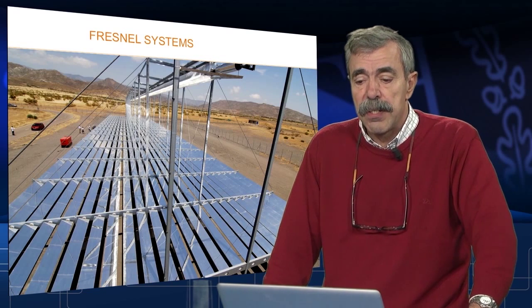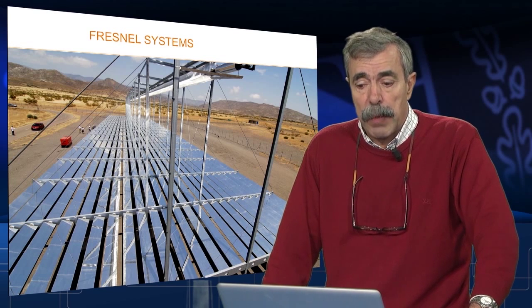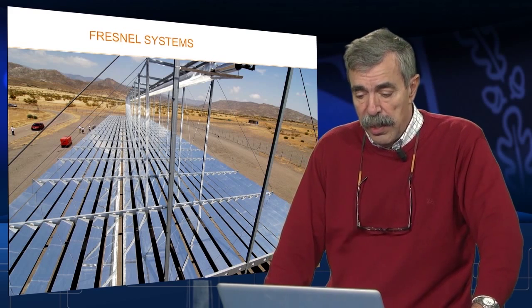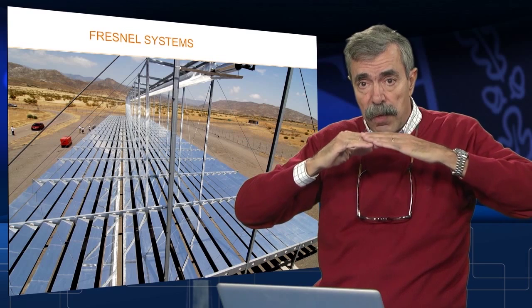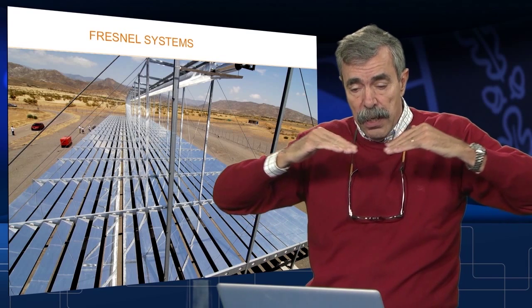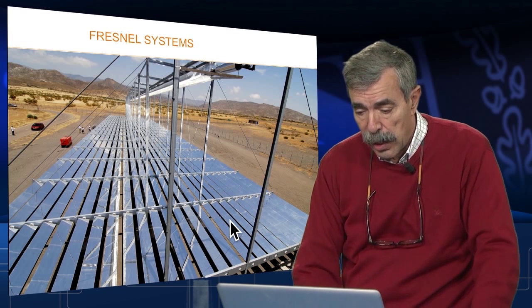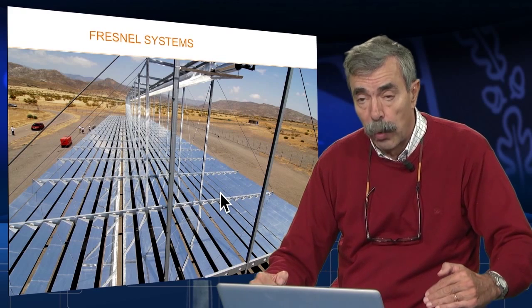Another very interesting system is the Fresnel system. Later on I'm going to be speaking about the parabolic trough, but this is a system which is emulating the parabolic trough. Instead of having a real parabolic shape, tracking the sun and concentrating the light on the focal point, what you have here are some flat mirrors, but those flat mirrors are oriented in a way that they are emulating an actual parabola.